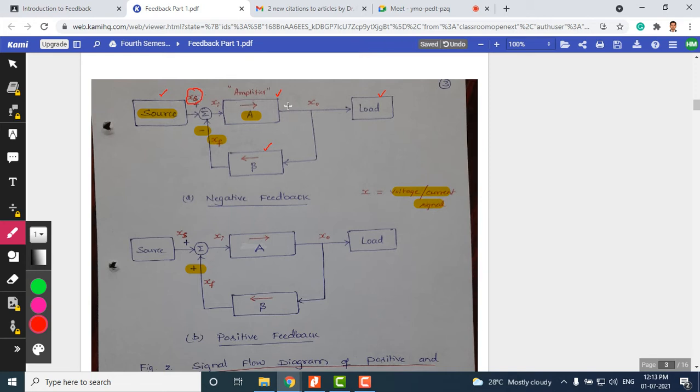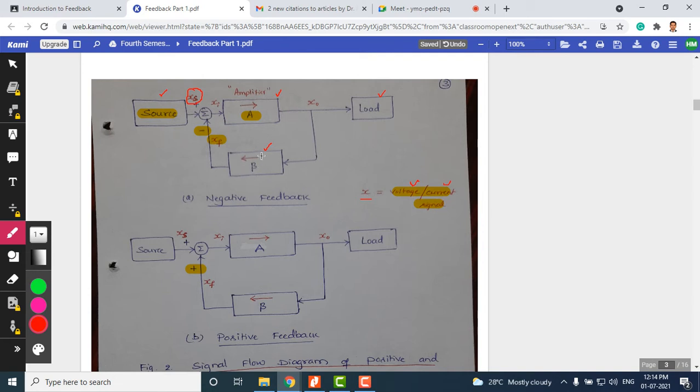Generally we denote the signals here with a small x. X may be a voltage or it may be a current here. So any kind of signal it can be. Okay, so here XS is the source signal that is applied as an input, and XF is the feedback signal which is coming from the output.